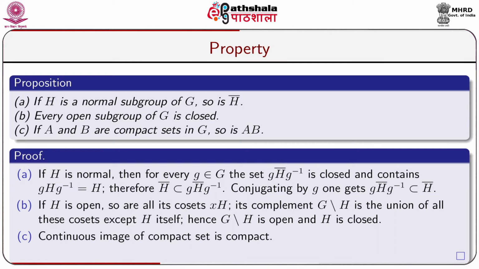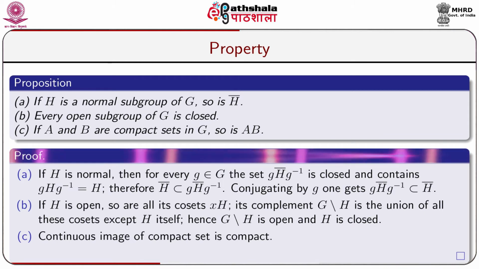Therefore, we have that closure of H is contained in g closure of H g inverse. Conjugating by g, one also gets that g closure of H g inverse is contained in closure of H. As g varies all over the group G, the claim A follows.